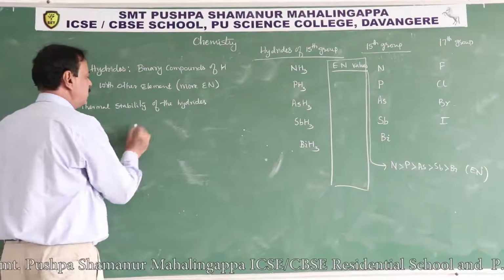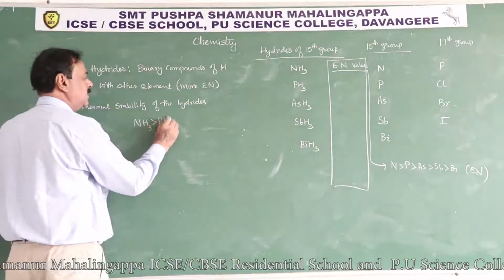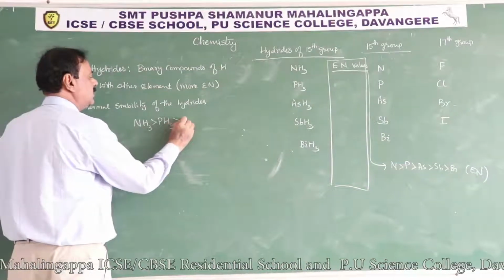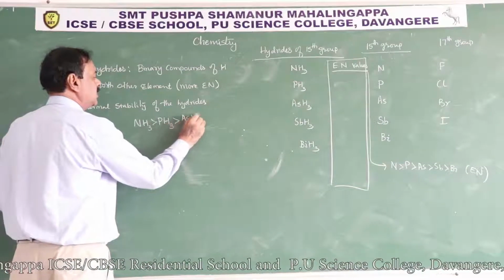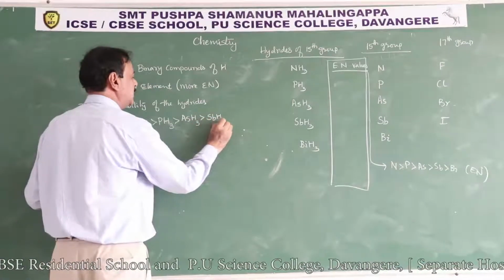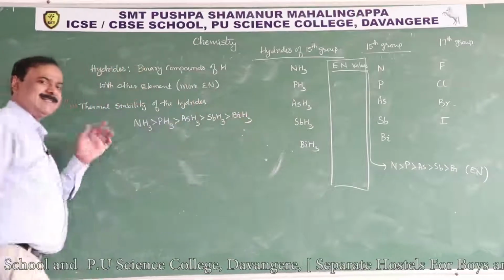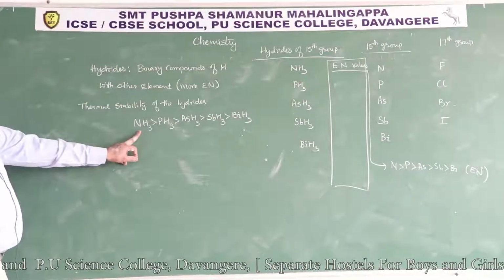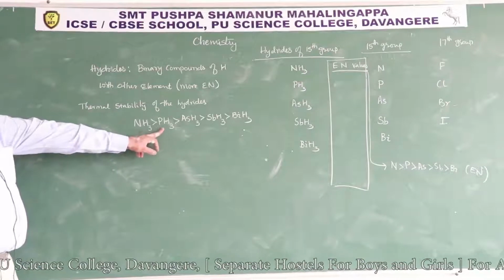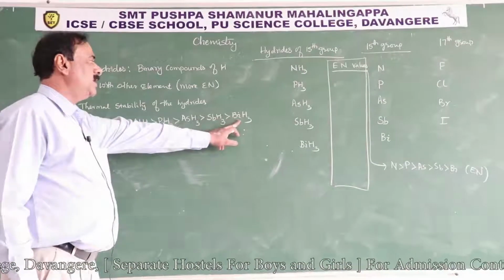Therefore, NH3 is thermally more stable than PH3, PH3 is more stable than AsH3, AsH3 more stable than SbH3, and SbH3 more stable than BiH3. Is it clear?